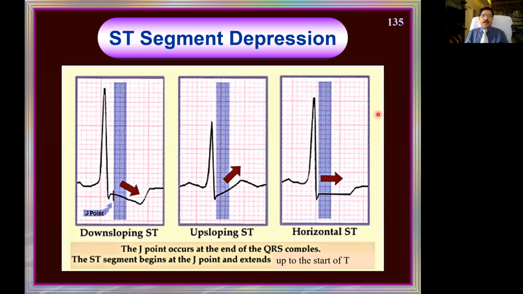So what did we understand? We understood what is ischemia, what is injury, what is infarction. We also understood what is transmural and what is subendocardial, and when ST segment depression occurs. Transient, what will happen to the ST segment, permanent, what will happen, and also looked at the transmural and subendocardial table.